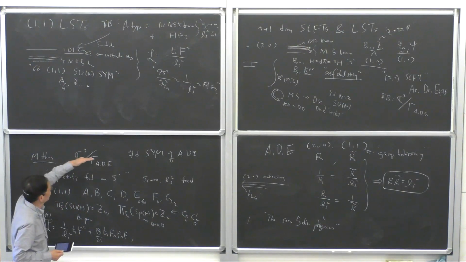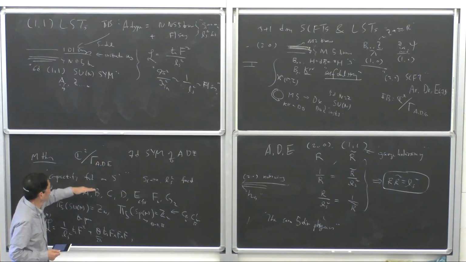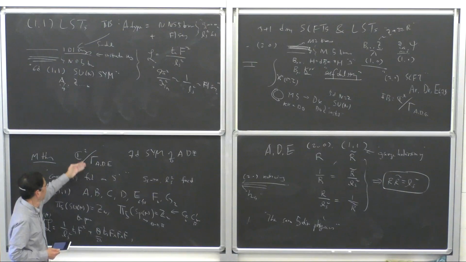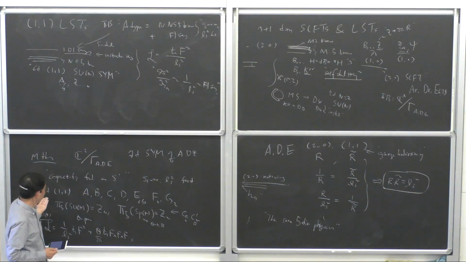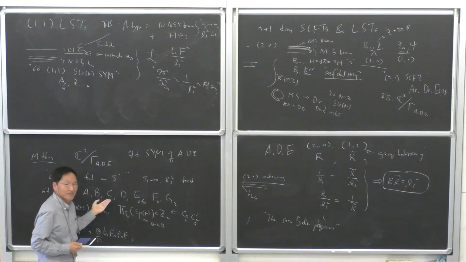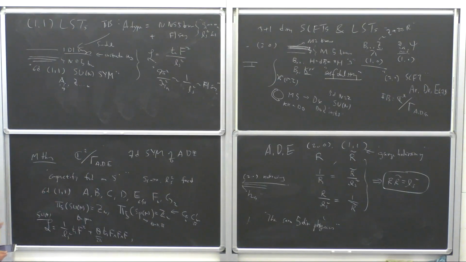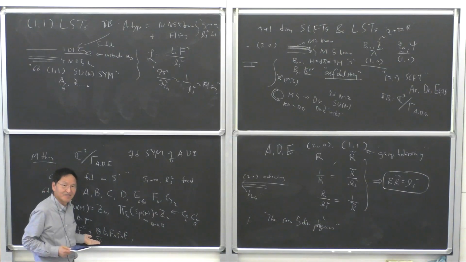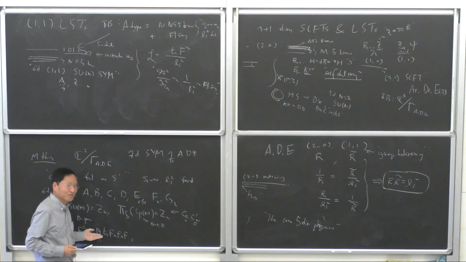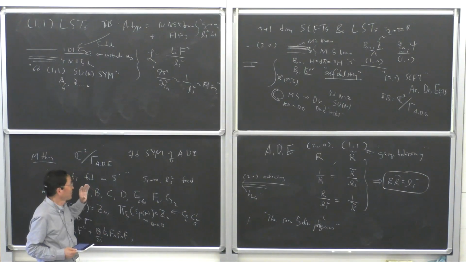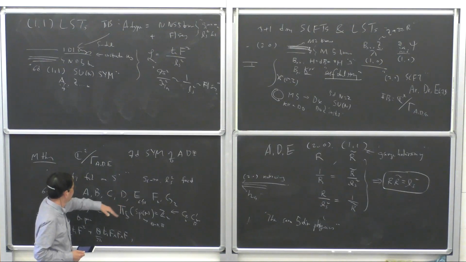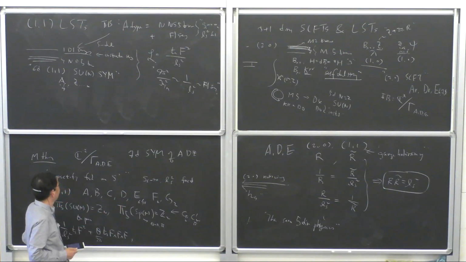Again, we study 7D, then circle compactify, and then we do twisting, and then we get these non-split groups. But you would ask, how do you get theta terms? It turns out there's a little more subtlety, because when you mod out, this is possible only for A type theory.